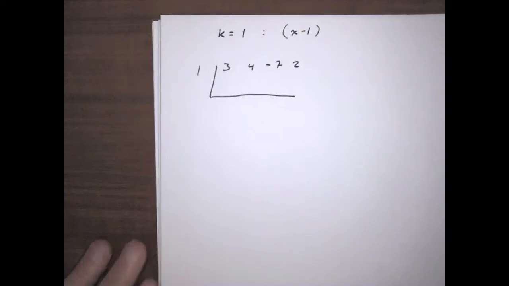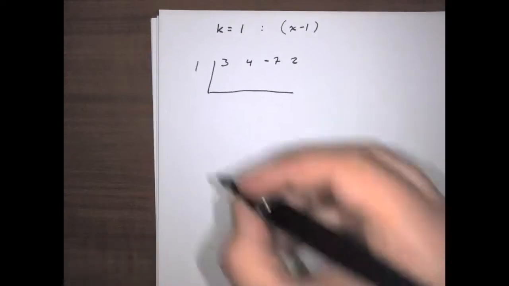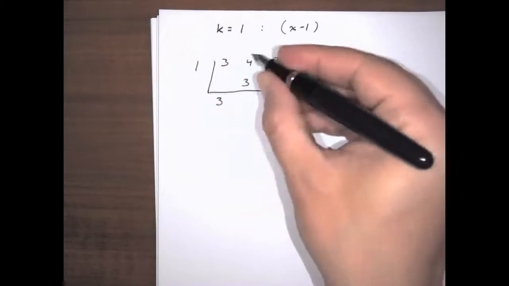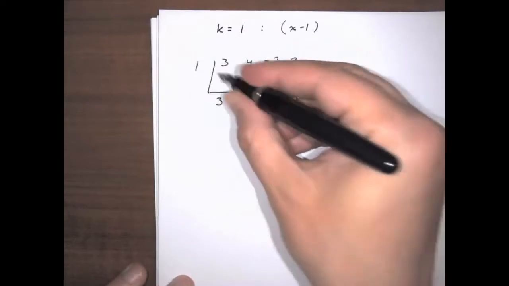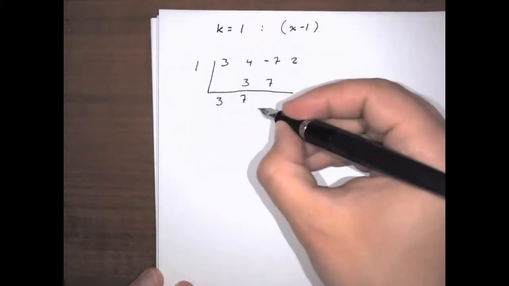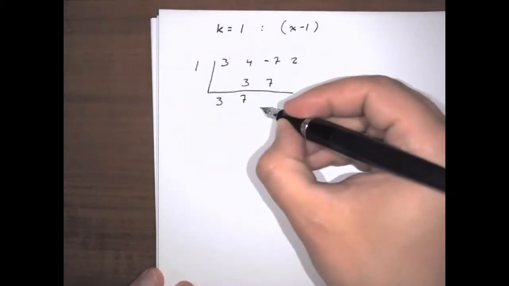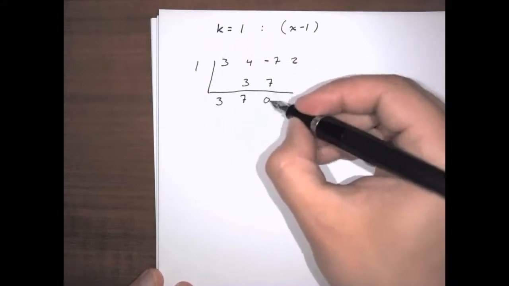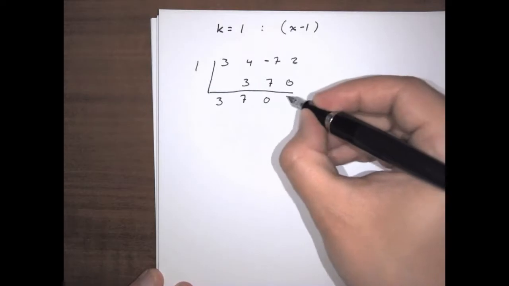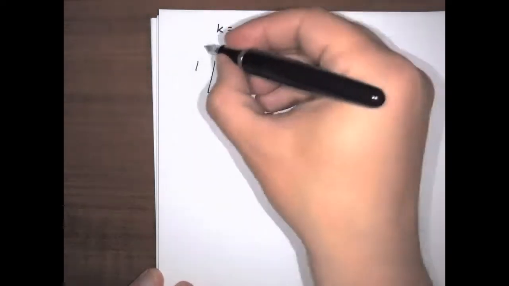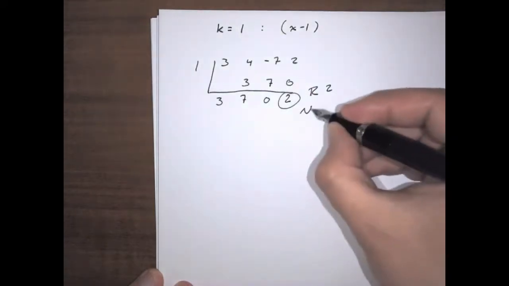I want to get a hit as quickly as I can. So put in 3, multiply, that makes a 3, add, that makes a 7, multiply, that makes a 7, and then add, that makes a 0, multiply, that makes a 0, that makes a 2. So, nope.